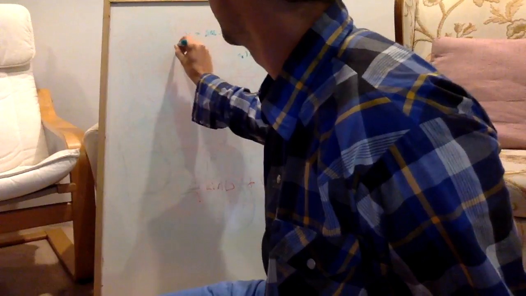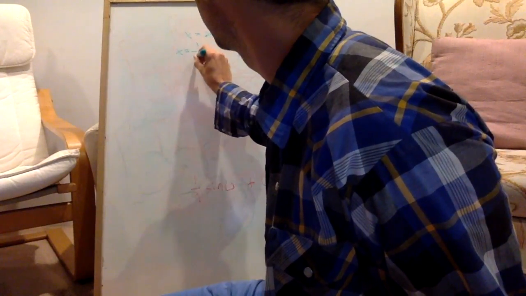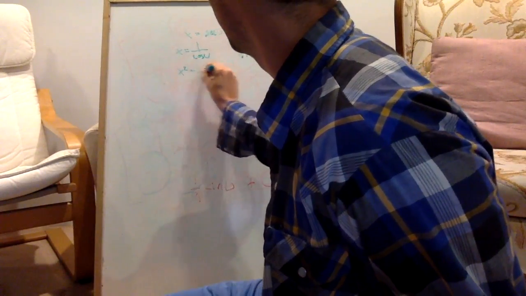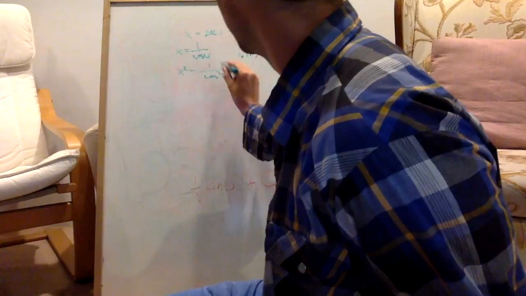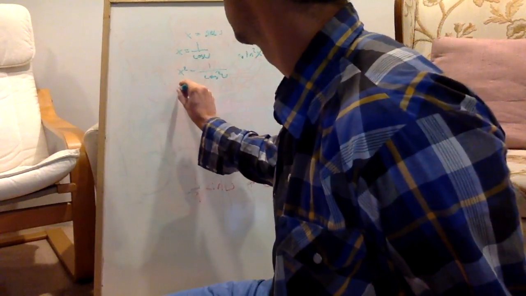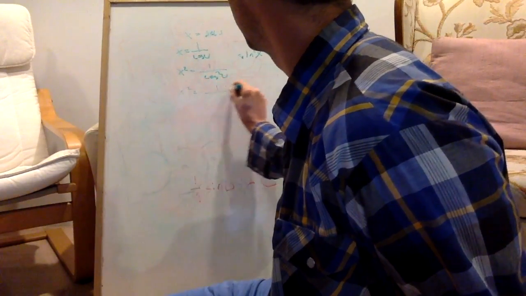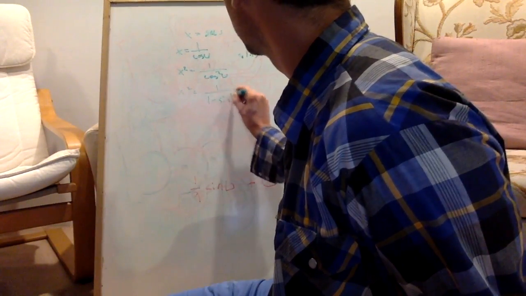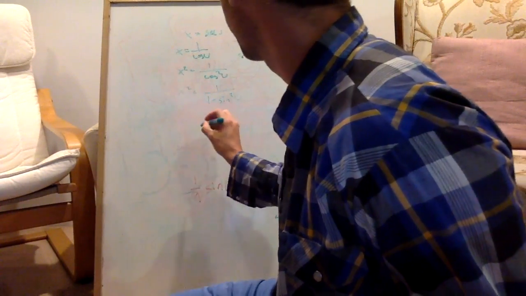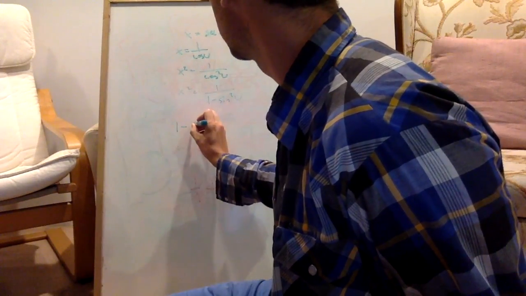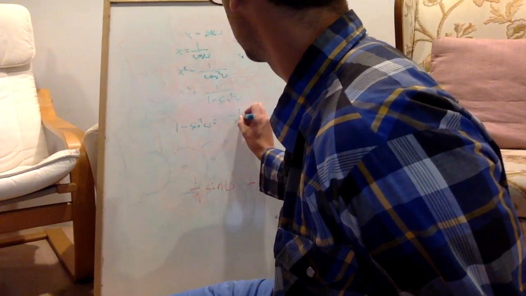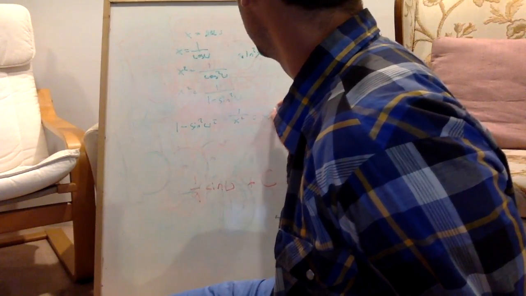So x is 1 over cosine u, square both sides, x squared equals 1 over cosine squared u. Now I use this guy, so cosine squared is 1 minus sine squared. So x squared equals 1 over 1 minus sine squared u. Swap those around: 1 minus sine squared u equals 1 over x squared, or x to the negative 2.